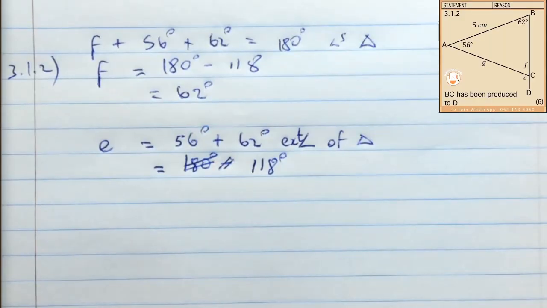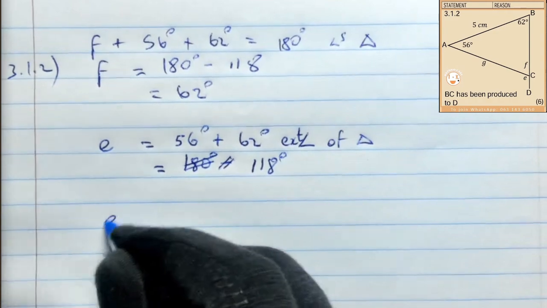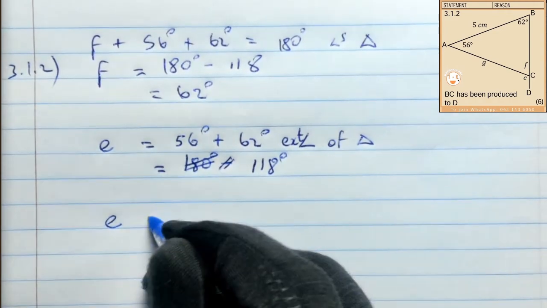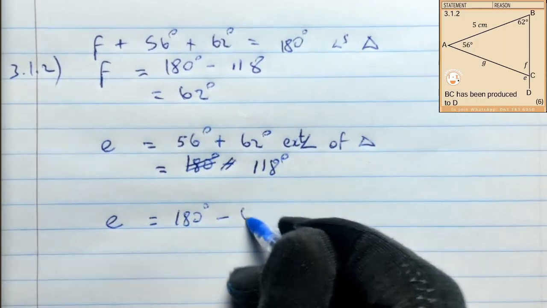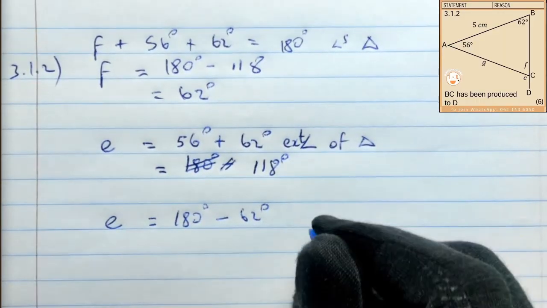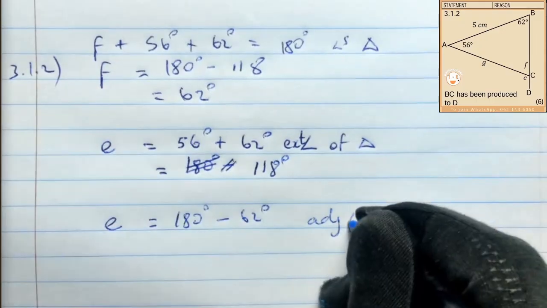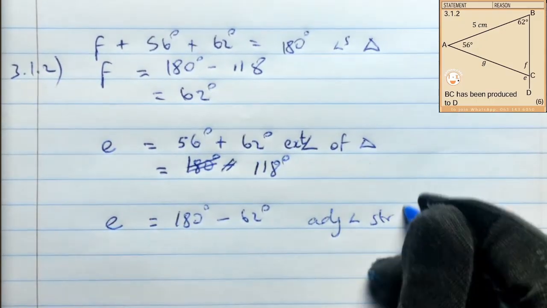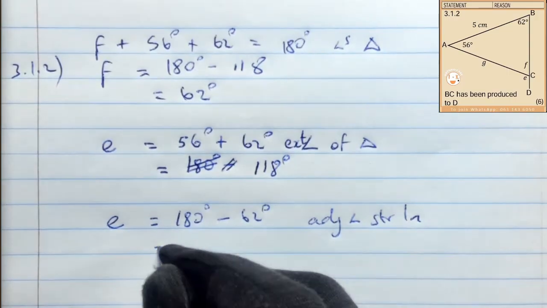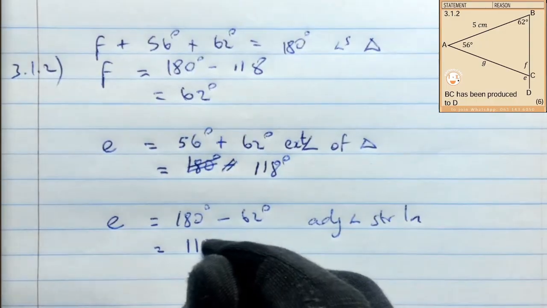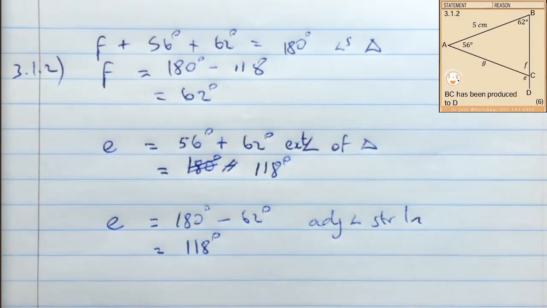Then I'm done. Otherwise, I could have said E, if I started with F, I could have said E is equals to 180 minus 62. What is it? Adjacent angles, straight line. That's another way of saying angles on a straight line. If I subtract those two, I'll get a 118. That's a second option.